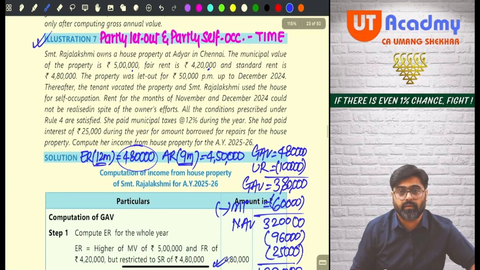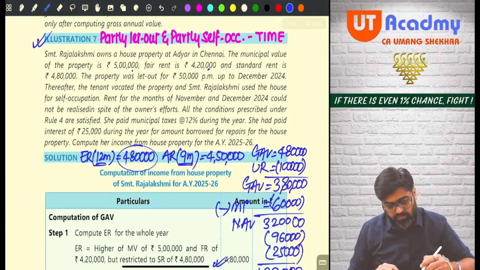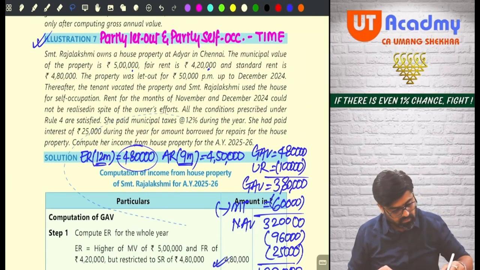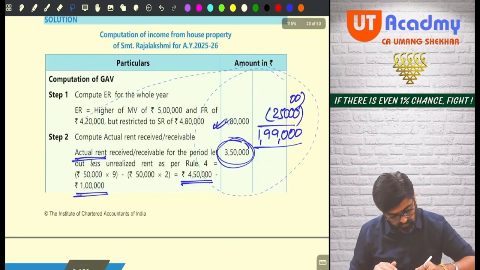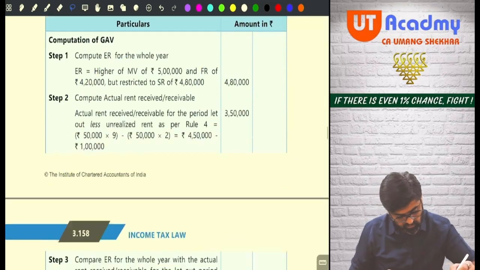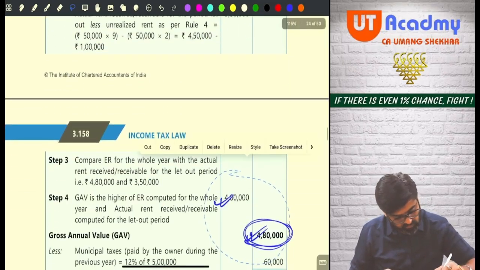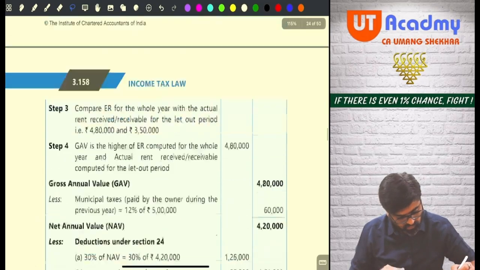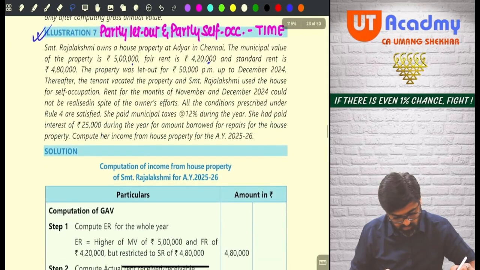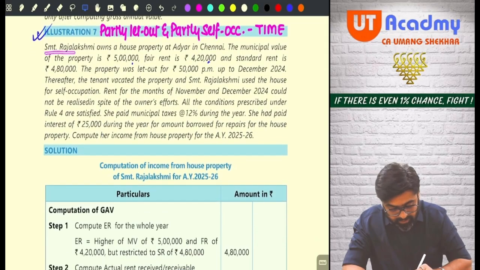Question 7. Illustration 7. Start. This is Raj Lakshmi only.